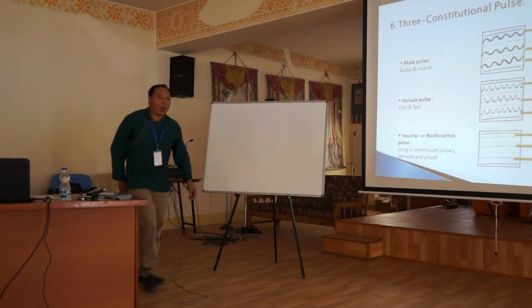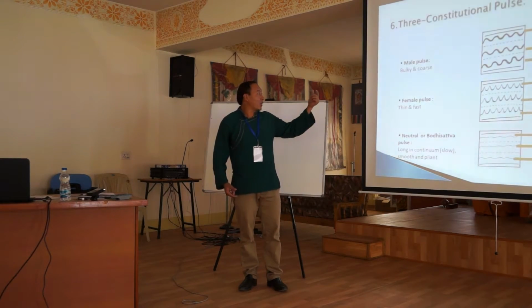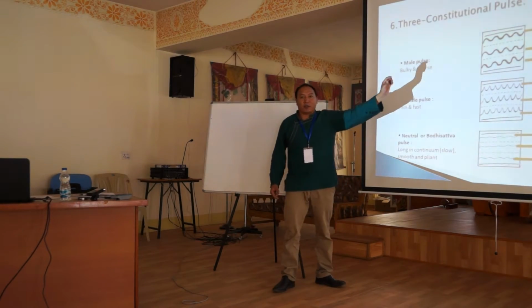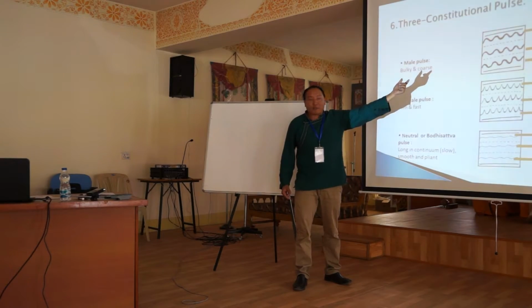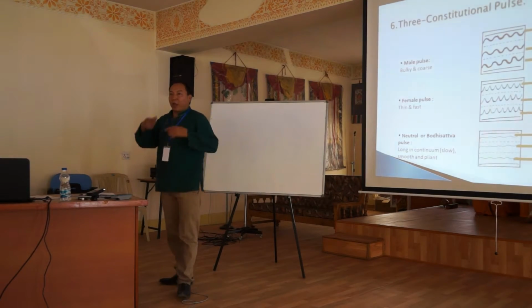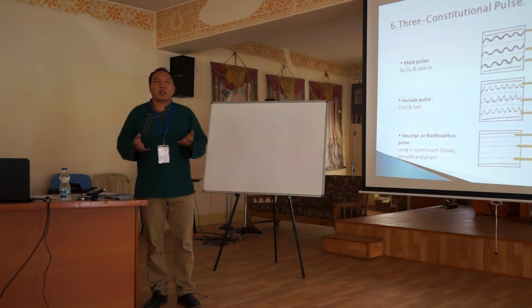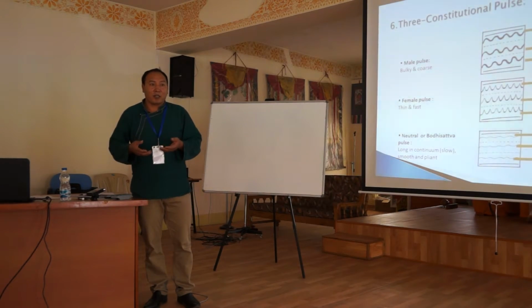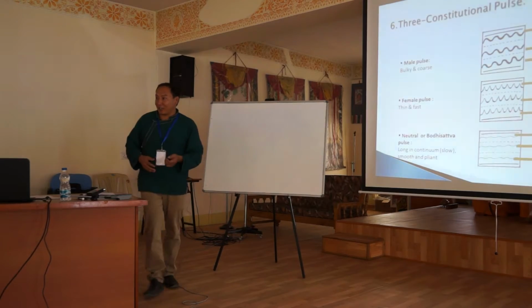Then if both of the couple have the male pulse characteristic, bulky and coarse, the husband's pulse characteristic is bulky and coarse, and the wife's pulse characteristic is bulky and coarse too, then they will have many boy children, right? It's very practical. We can see it around our neighbors. Some couples mostly have boy children, some couples mostly have girl children, some have a mix, one by one, right?